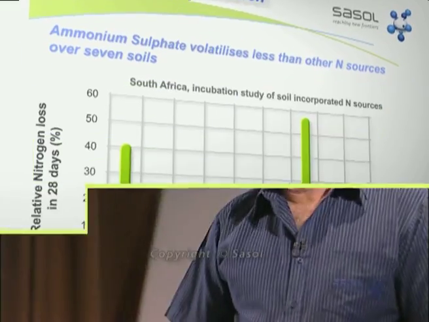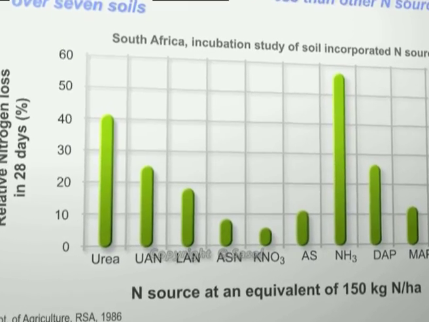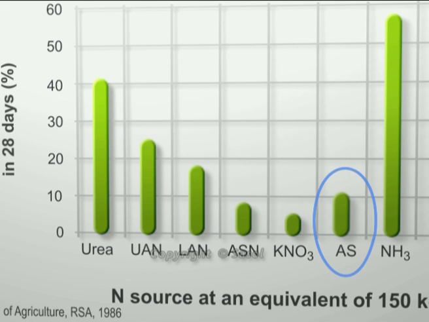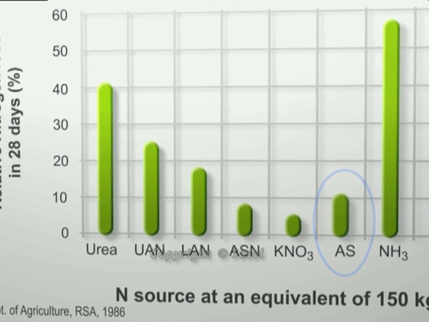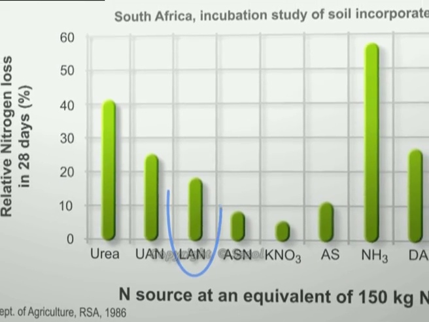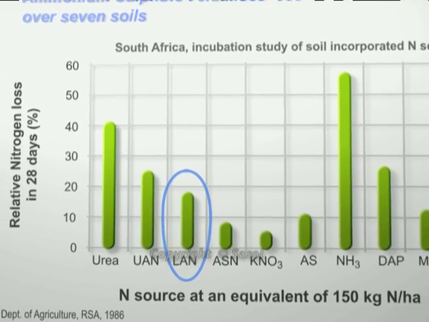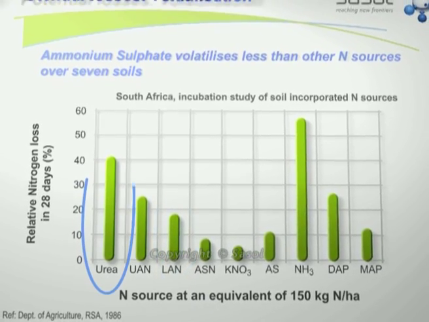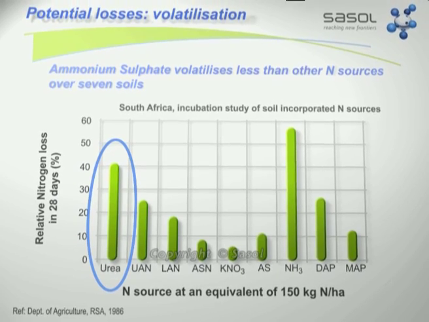Firstly, I want to talk about ammonium sulphate, which we see over here. We notice a 10% volatilization loss for ammonium sulphate compared to about 18% volatilization loss for LAN and roughly about 40% volatilization loss for urea.